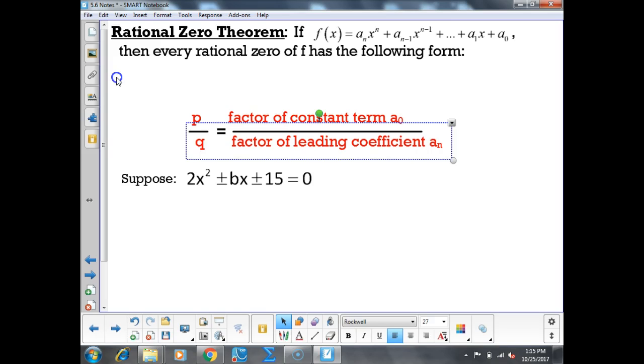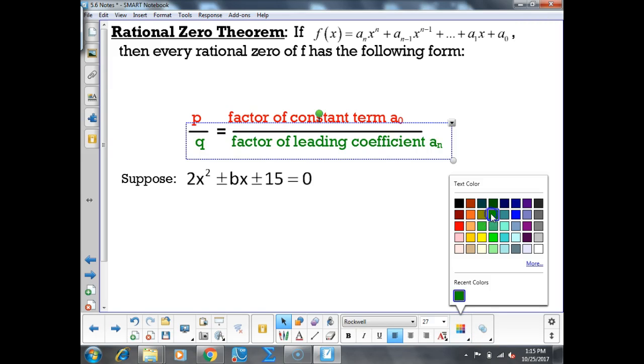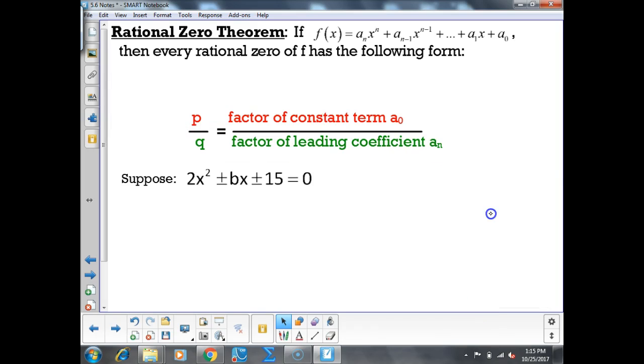And actually I'm going to change that into that color, because then I'm color coordinated. So every rational zero of that function can be written as a fraction where the numerator is a factor of the constant term at the very end, and the denominator is a factor of the leading coefficient, the very first one.